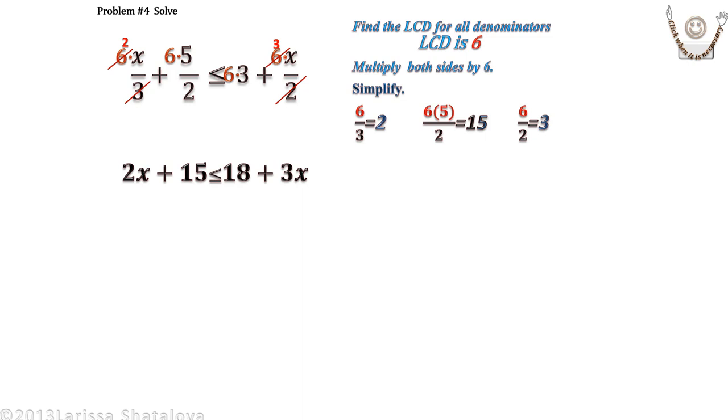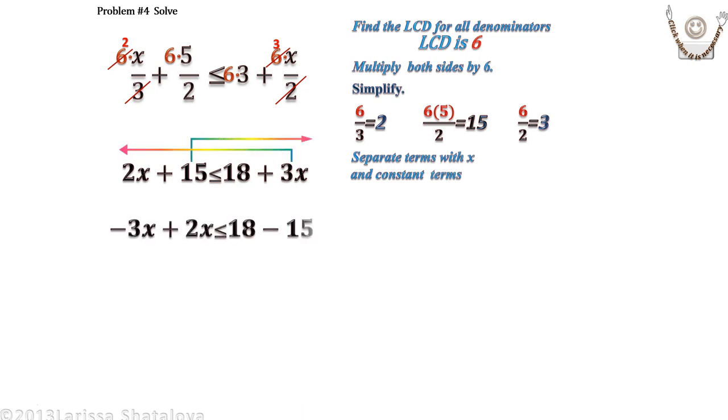Now we have an equivalent inequality without fractions. Positive 2x and positive 15 is less or equal 18 and positive 3x. Now let's separate terms with x and constant terms. So positive 3x moving to the left and positive 15 we are moving to the right.